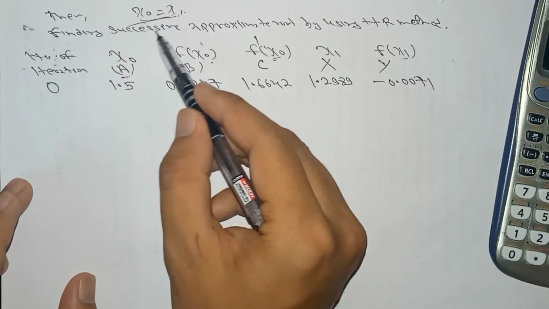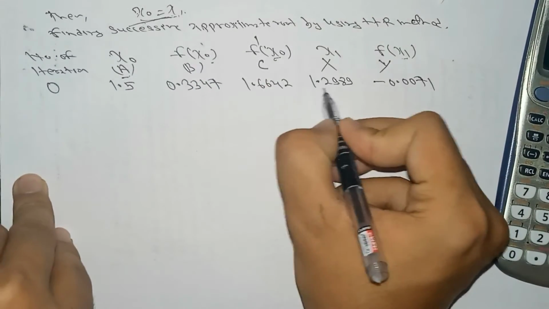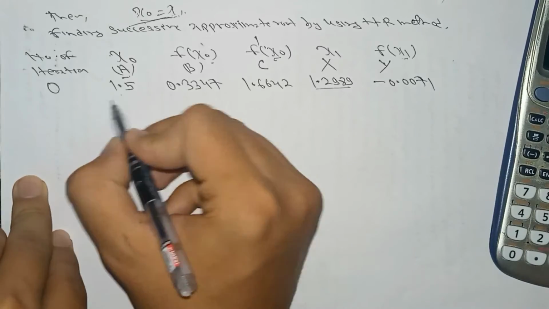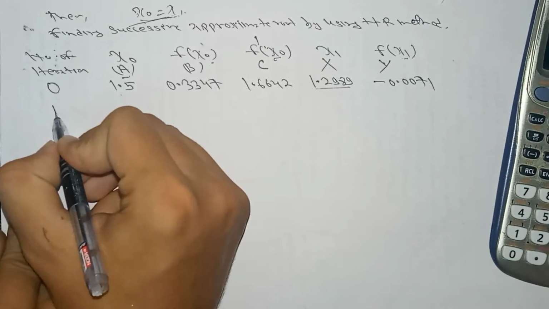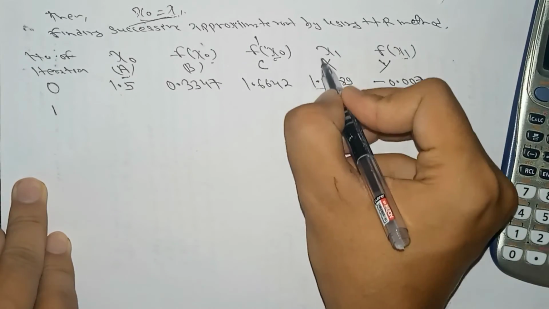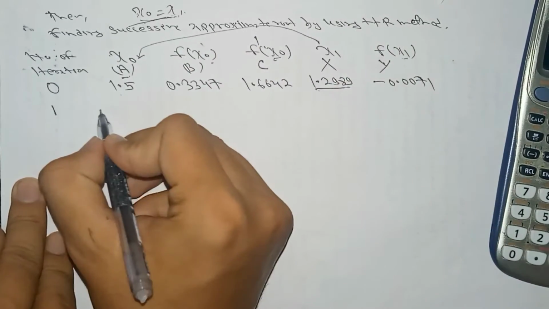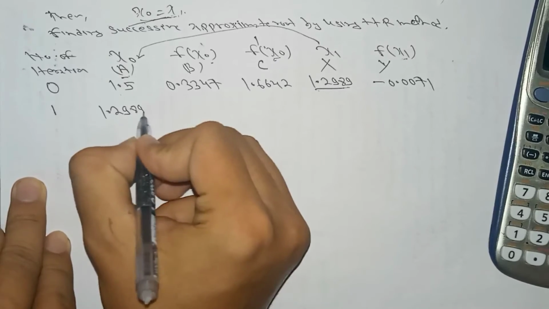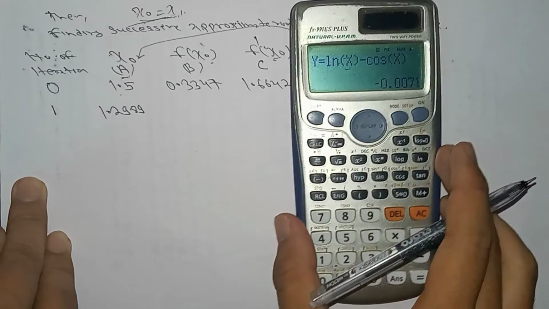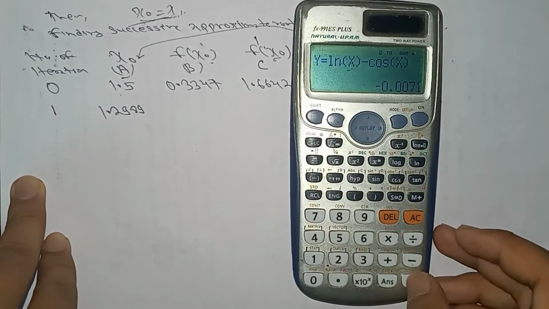As I have already written here, x naught is equal to x1, so shift this x1 value into A for the next iteration. After the first iteration, write this value here: 1.2989. After writing the value, press equal to.